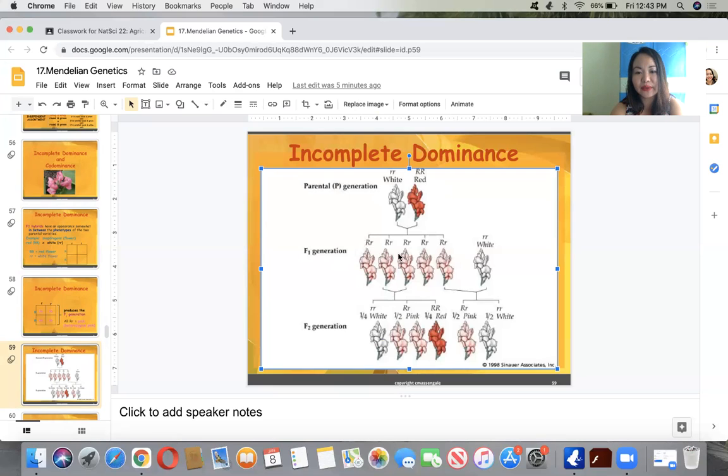So the first filial generation will be pink, and if crossed again with another white, there can be a combination of the second filial generation. So this is another incomplete dominance wherein 1/4 red will occur among pink, 1/4 pink, 1/2 pink, and white. So these are the possible combinations.